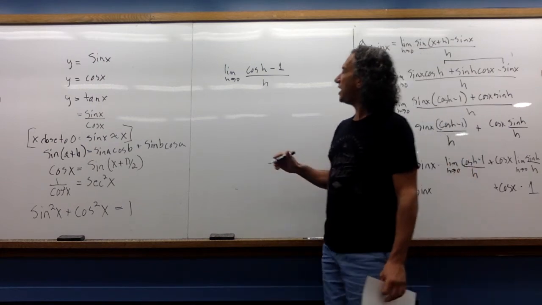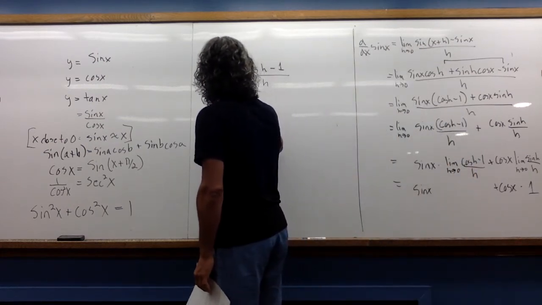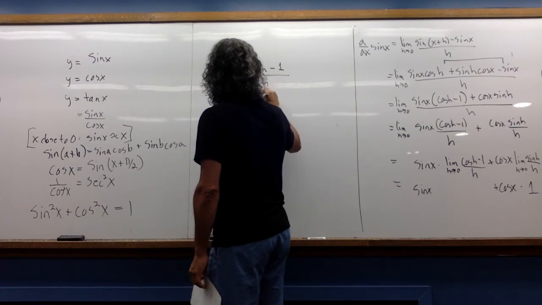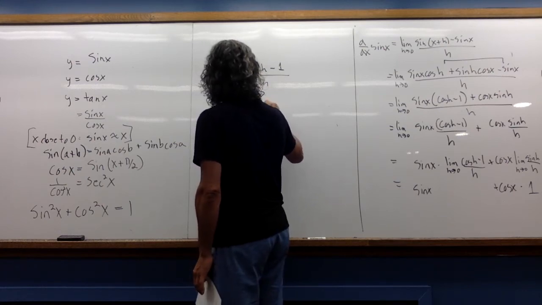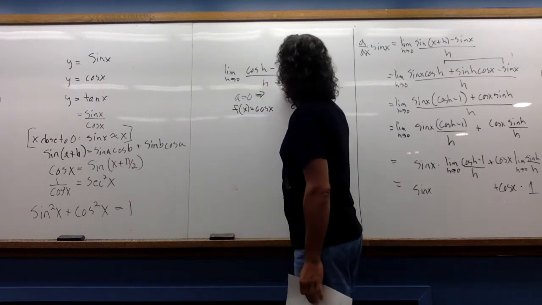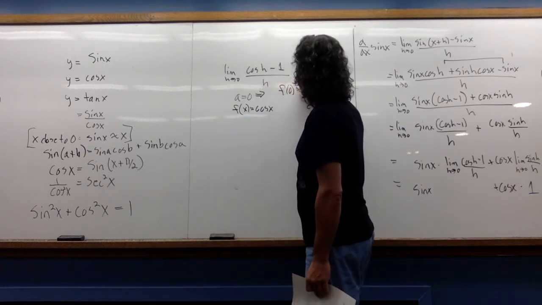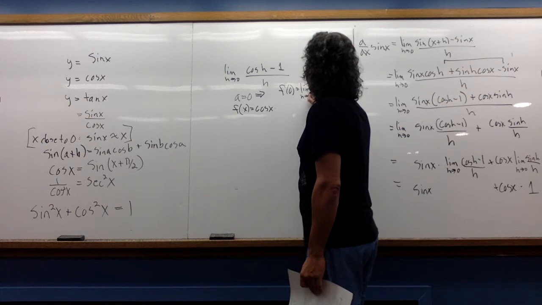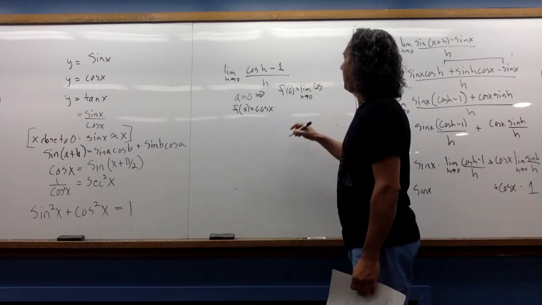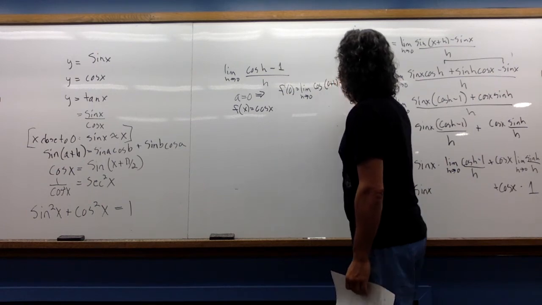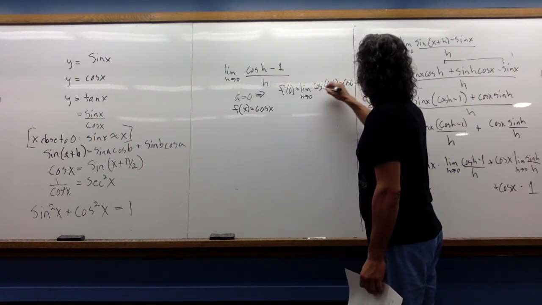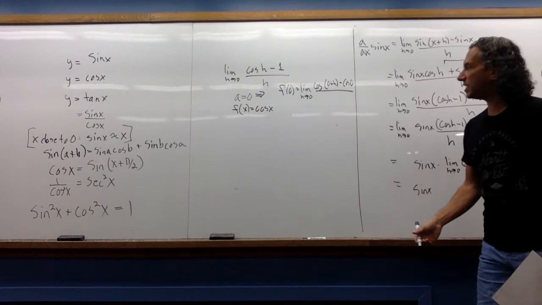Hopefully you gave that a shot and you said, well, if a is 0 and f of x is cosine of x, then f prime of 0 is the limit as h goes to 0 of cosine of 0 plus h, a plus h, minus cosine of a, cosine of 0, over h.